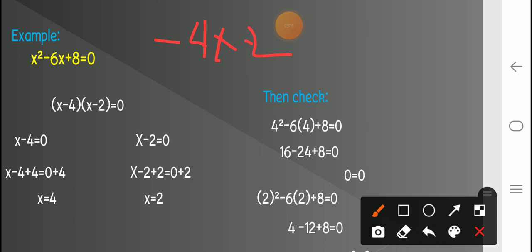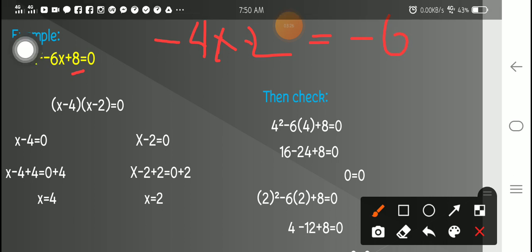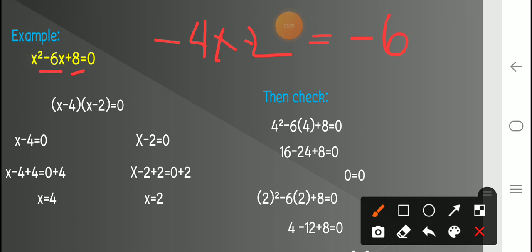I think this is the exact one. If we multiply -4 and -2, it is +8, and if we add, it becomes -6, which is what we need. So our factors are x minus 4 and x minus 2.